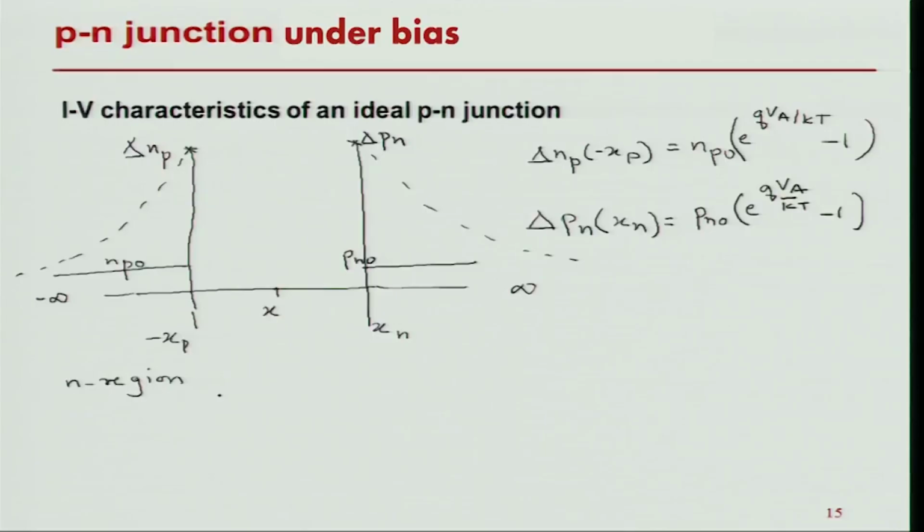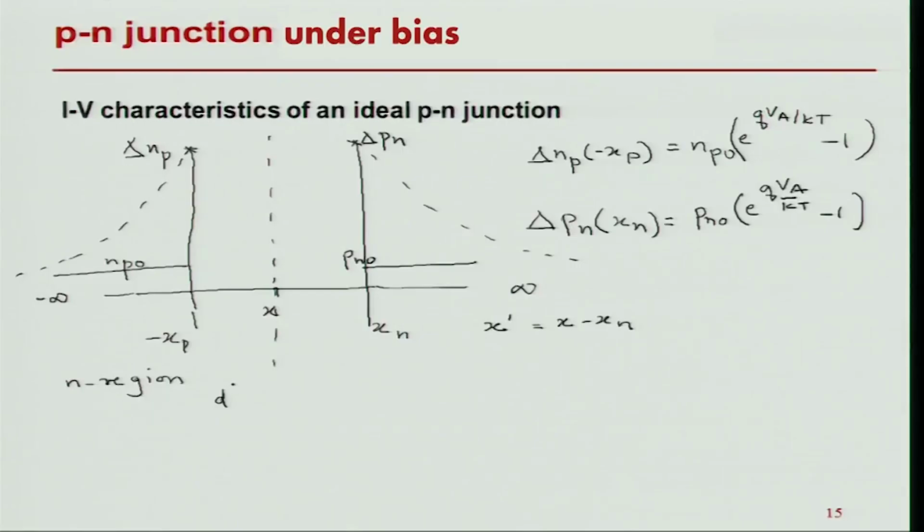For the N region, we are going to make a slight change in the differential equation, because the way we have written it earlier is with respect to x. It becomes easier if we change the coordinate to x prime, which is x minus x n, because then the solution is obtained from the edge.